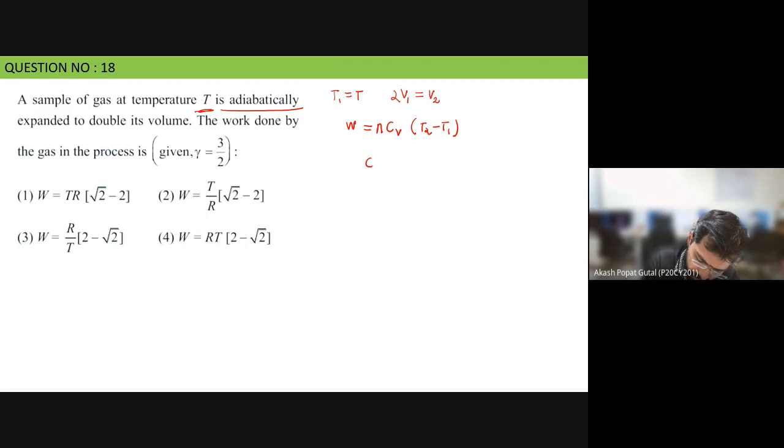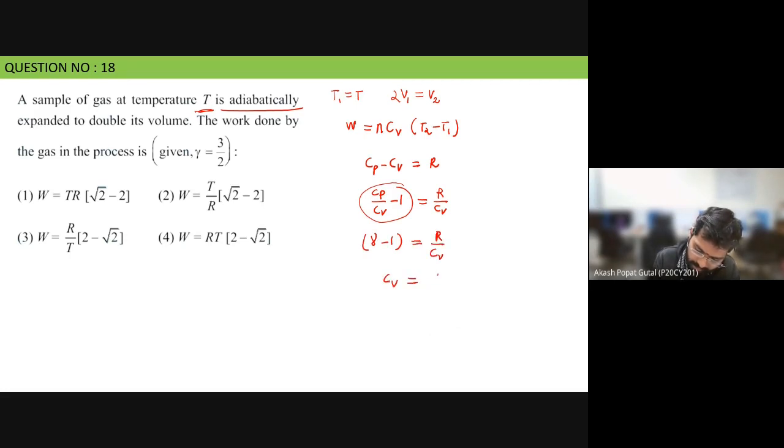We have Cp minus Cv is equal to R. If we divide both sides by Cv, Cp by Cv minus 1 is equal to R by Cv, which will give you gamma minus 1 equals R by Cv, and Cv we can write as R by gamma minus 1.